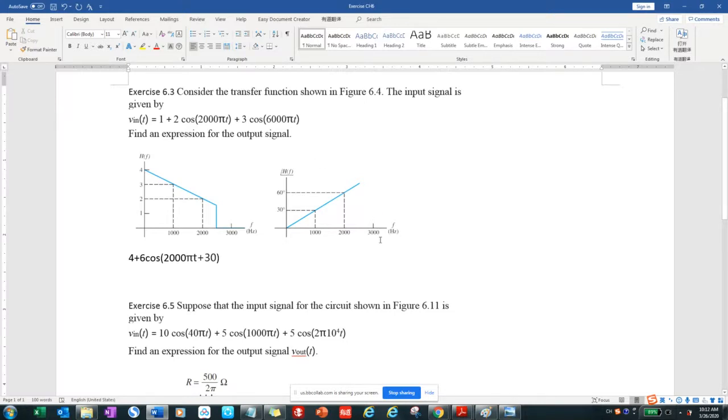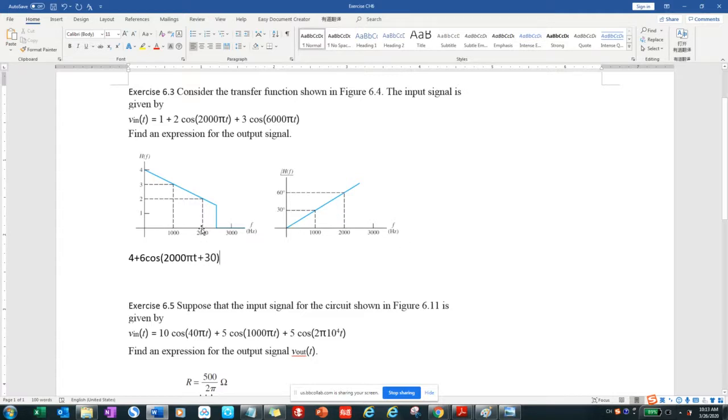But if you want to know, for the frequency equal to 3000, what the phase angle will be, you can look at the phase angle graph. For the frequency equal to 3000, you're going to get about 90 degrees here. This is how we figure out the output if you are given the input and the transfer function. We know the output will be equal to the input multiplied by the transfer function.